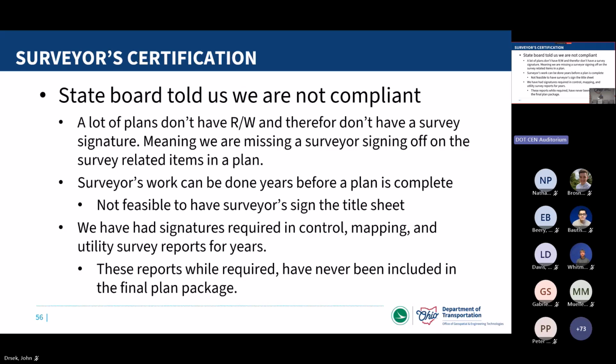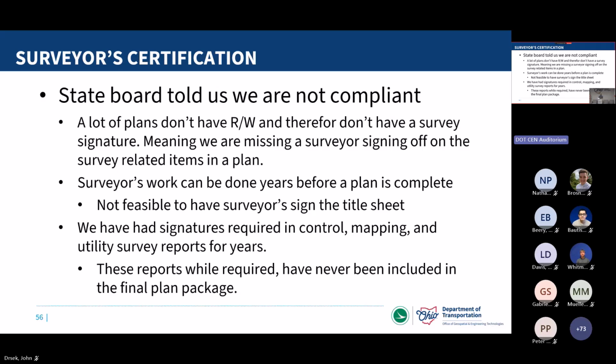So we had to come up with a process to make sure that we were getting that signature. Surveyors always do our work before the plan's even really made. So we can't really just put the surveyor signature on the title sheet because you have to get them to recertify it, like 4 years after they did their work. So that really wasn't going to work.